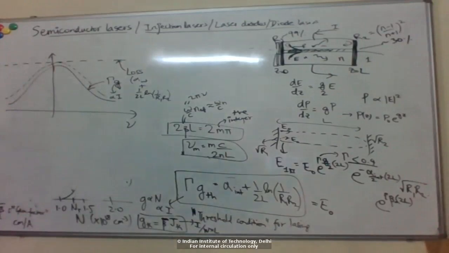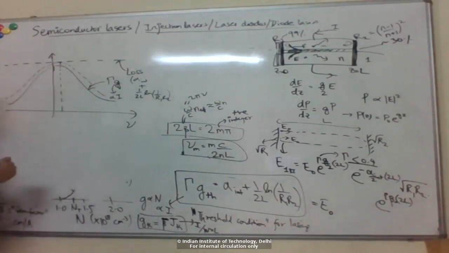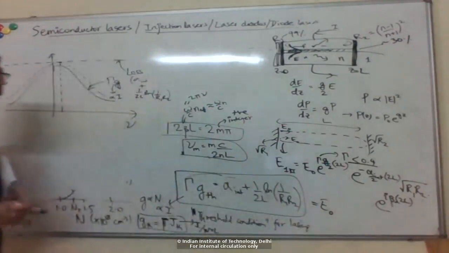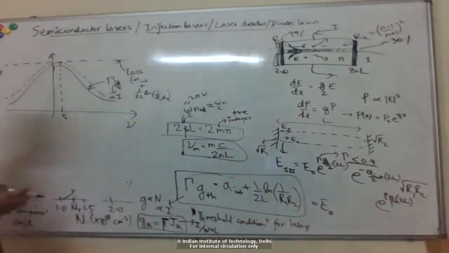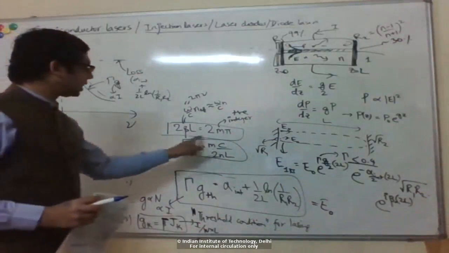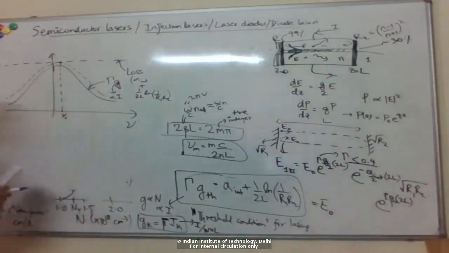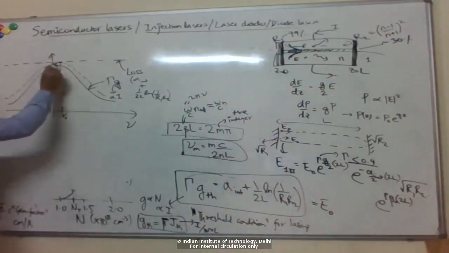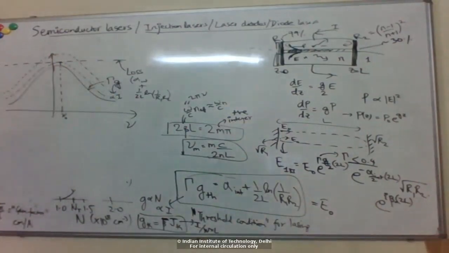At this point, for this particular frequency, mu naught, I've achieved the condition gain equal to loss. If this mu naught also satisfies this phase condition, then you'll start lasing at this frequency. Now, if I increase the current further, this gain curve goes like this, so it will exceed the loss for a certain range of frequencies.